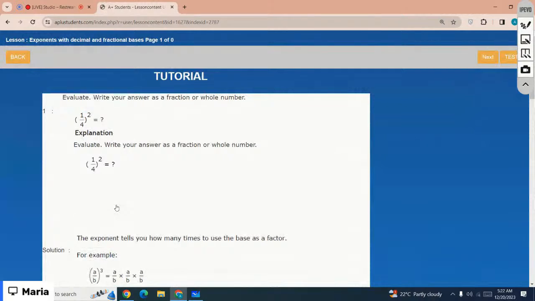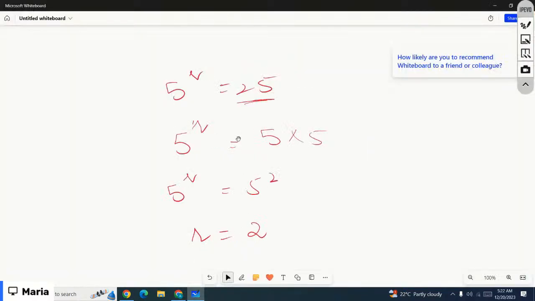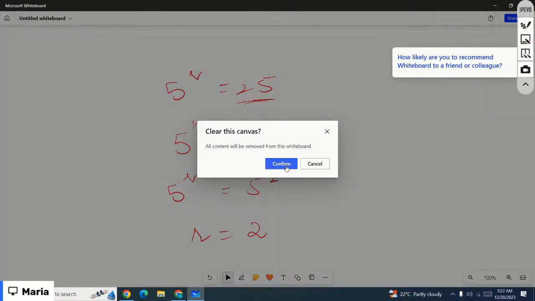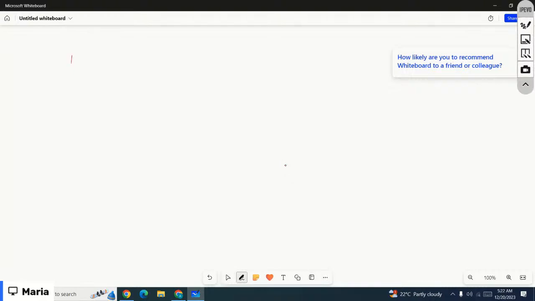Okay, evaluate. Write your answer as a fraction or whole number, right? So you are given 1 by 4 squared, right? Basically, the 2 is the exponent of both the numerator and the denominator, right? You can do 1 by 4 times 1 by 4, because this is the exponent for both numerator and denominator.